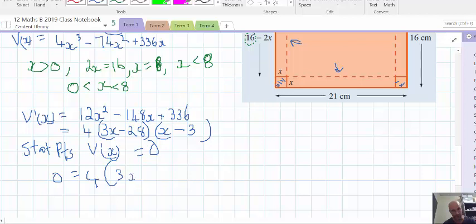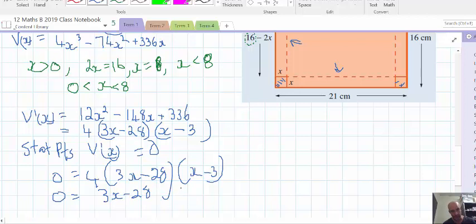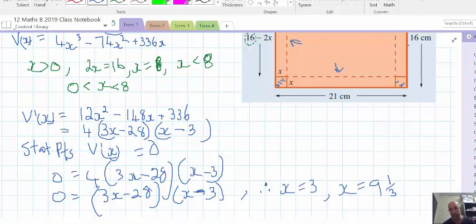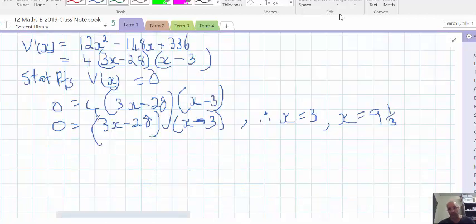So let's set it equal to 0. 0 equals 4 outside of 3x take 28 times x minus 3. And divide both sides by 4, we still get 0 equals (3x take 28)(x minus 3). Null factor law to solve that, so x equals 3, or x equals 9 1/3.